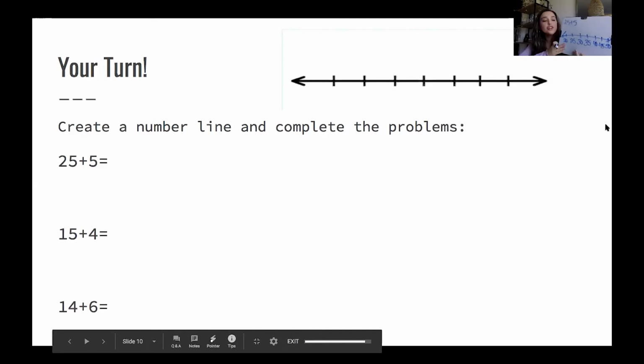So all we need to do is find our 25 and just move it one time. Just do one little jump there because we know that this is moving by 5s. So let's jump and we get 30. Awesome. So 25 plus 5 equals 30. And if you agree, give me a thumbs up.